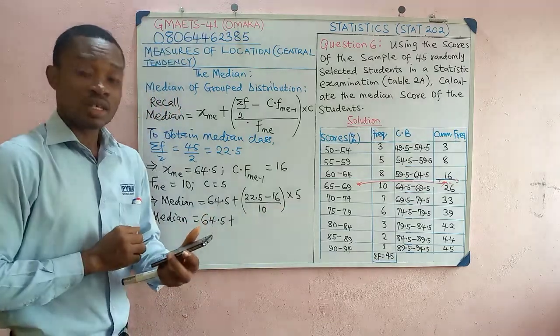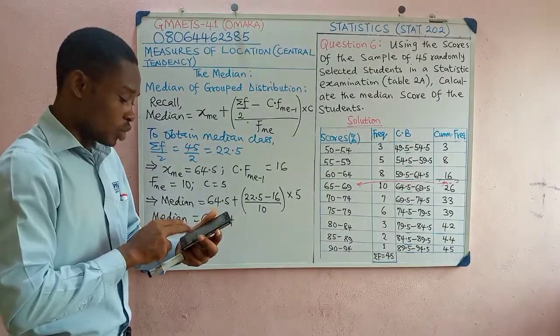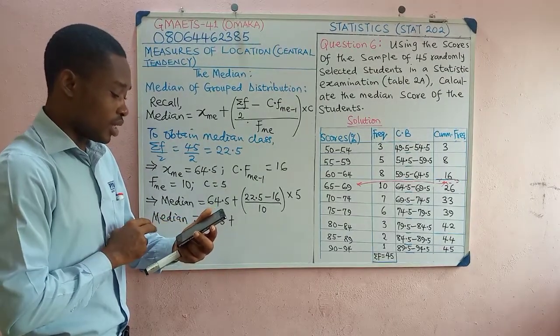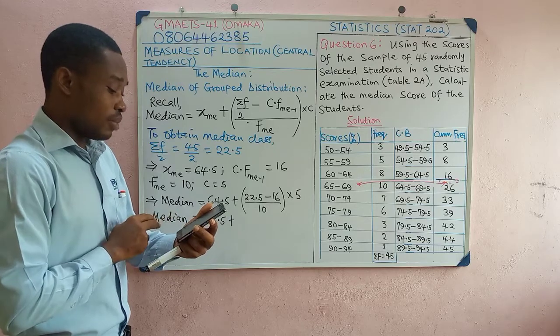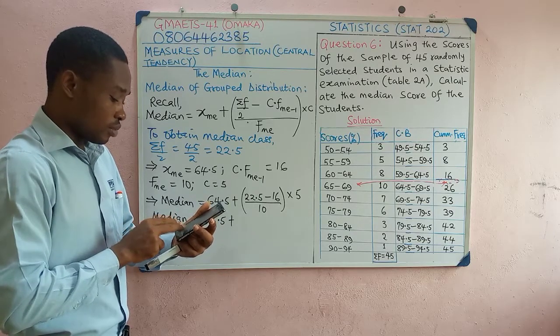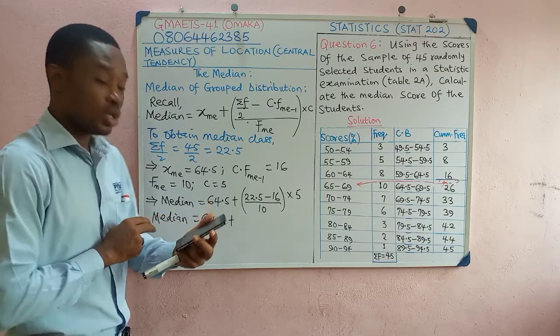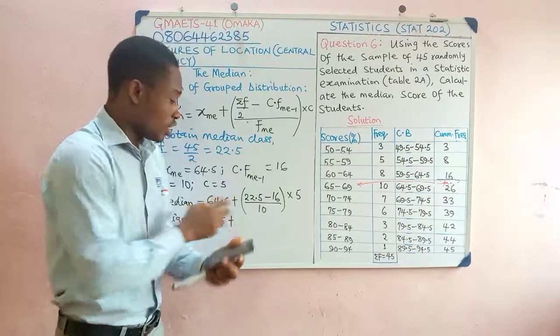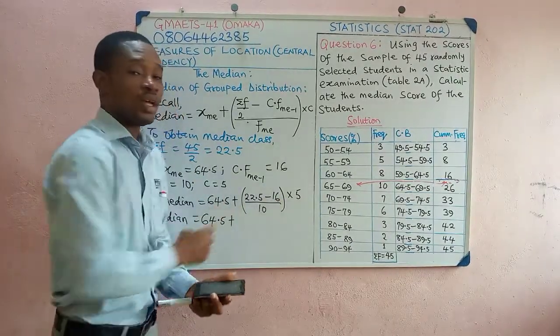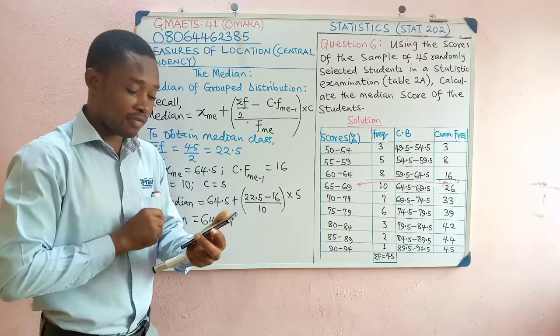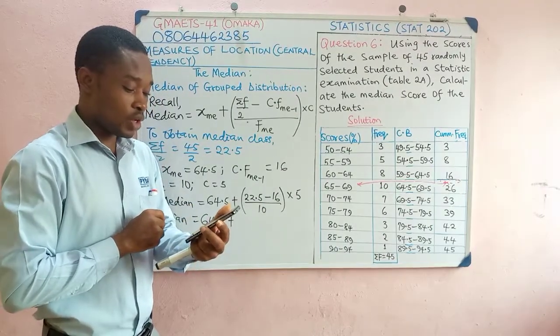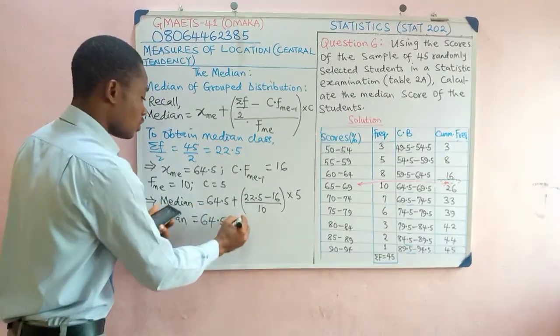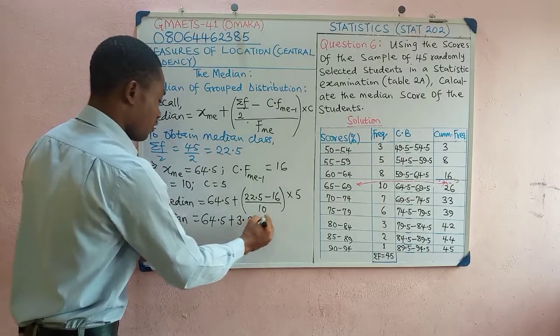Are we ready? So let's switch to our calculator and press 22.5 minus 16. It's giving me 6.5. So I'm going to divide that 6.5 by 10, which is 0.65. So this whole bracket is 0.65. Let's now multiply it by 5. That is 3.25 here. I'm going to add this to 64.5.